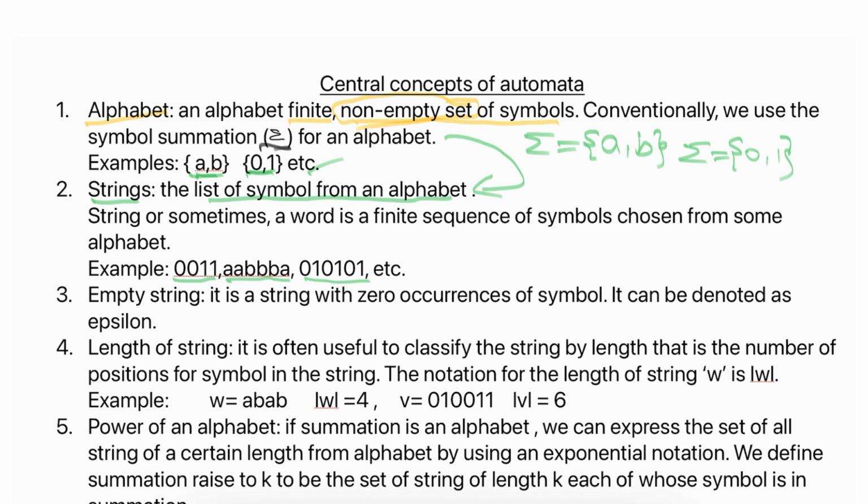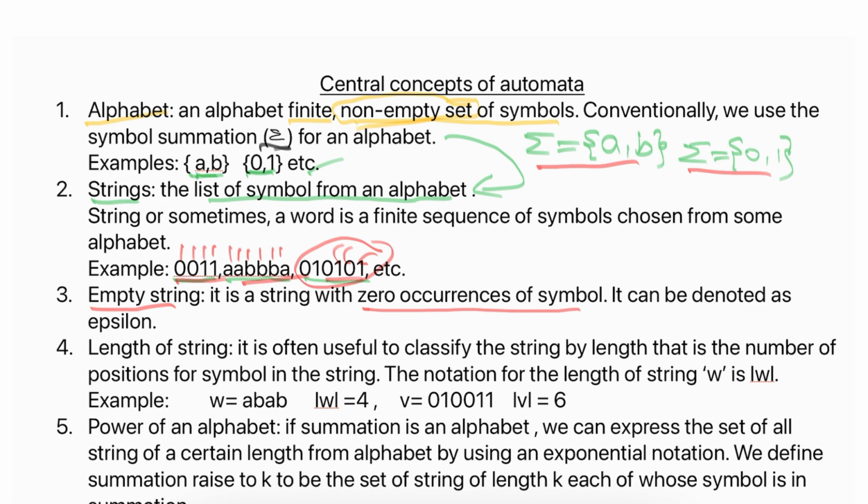Now we'll see what an empty string is. As we have seen, for any alphabet we are going to have certain strings. Now, what is an empty string? An empty string is a string with zero occurrences of symbols. 0, 0, 1, 1 or A, B, B, B, A, these are all individual symbols within the whole string.